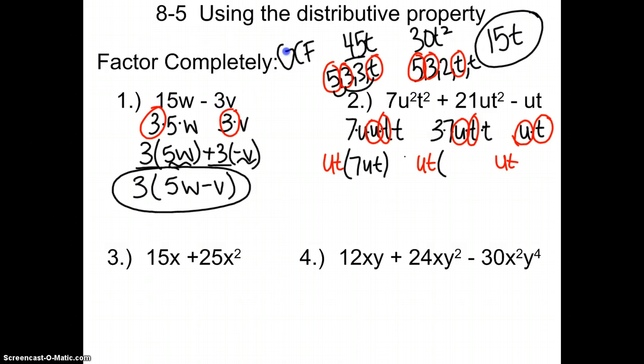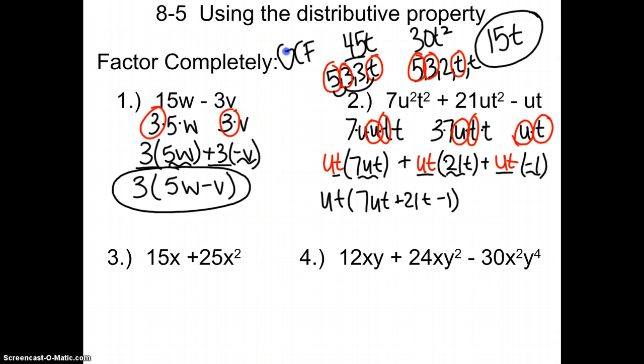The second term, we have 21t. And our third, we have a negative 1. So now we can factor out the ut from all 3 terms, and then combine what is in the parentheses. So we have 7ut plus 21t minus 1, and we have our factored solution.